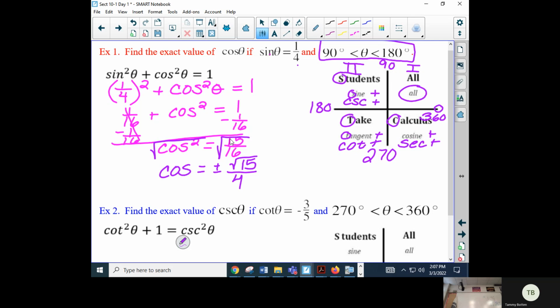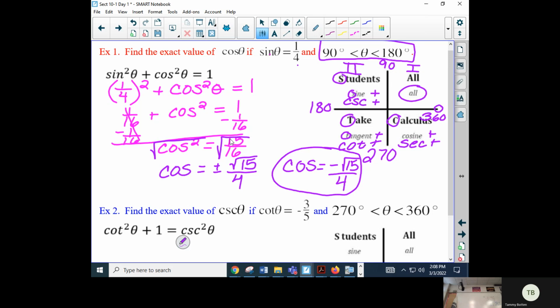And then what you have to do is figure out what sign cosine would have in this quadrant, okay? So here we are in the second quadrant. Do you see how sine and cosecant are the only two that are positive? Doesn't that mean cosine is going to be negative? So cosine is going to be, I'm actually going to write this over here. So cosine is going to be negative root 15 over 4.